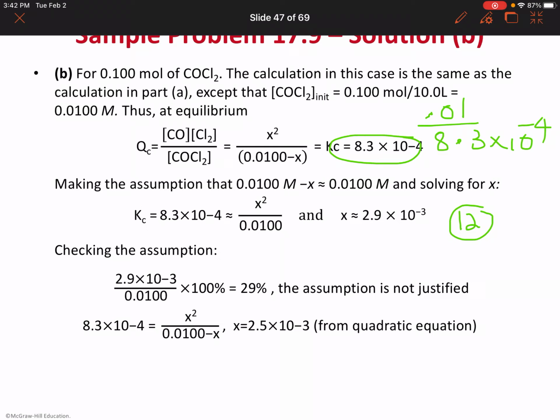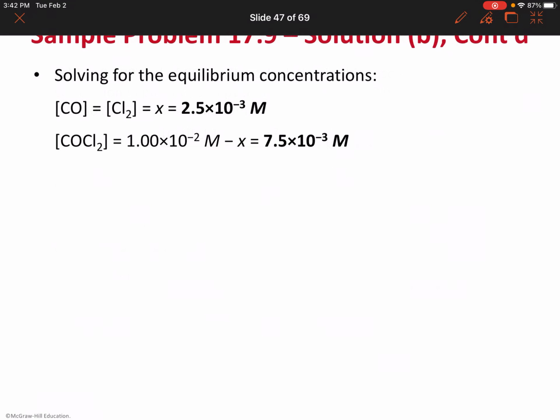Now you have to multiply these two together and find the x from the quadratic equation. I showed you in the previous slides of this video how to use the quadratic equation. First you multiply this number with this and write it in the ABC form. Find out what A, B, and C are, and using the quadratic equation see if you also get x as 2.5 into 10 to the negative 3.